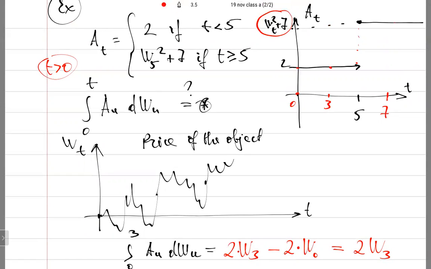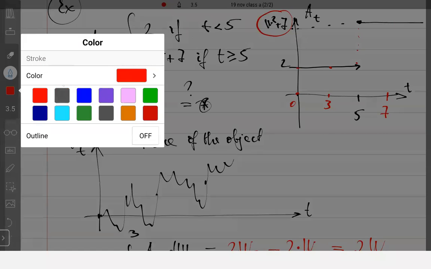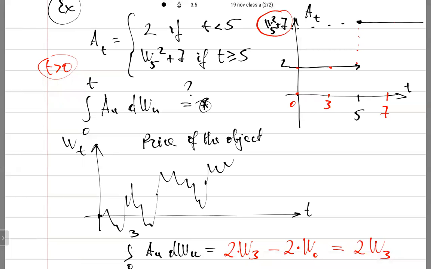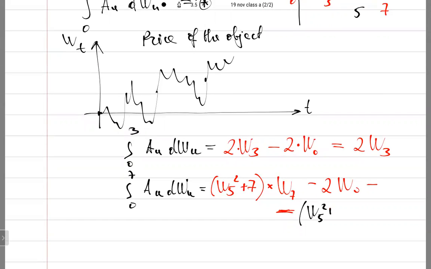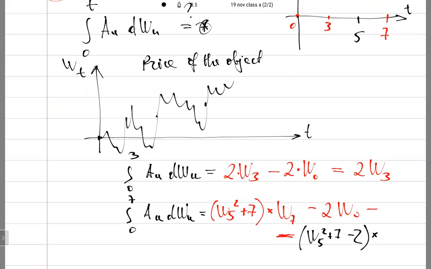W_5 squared plus 7 minus 2, because I already have 2 cups. And for each cup, how much should I pay? W_5, exactly. Okay.